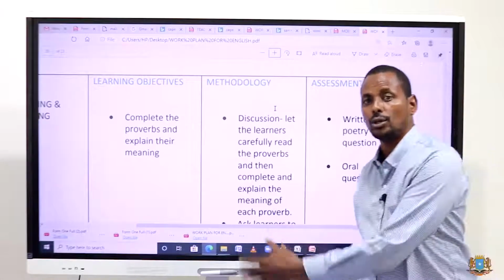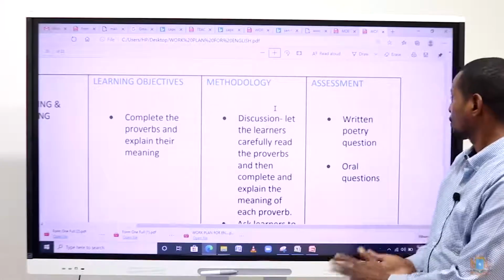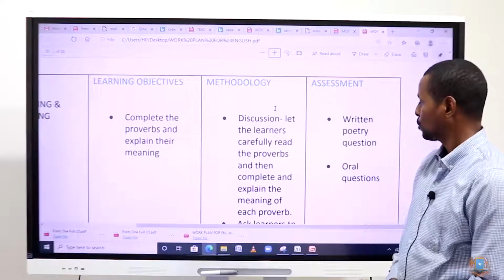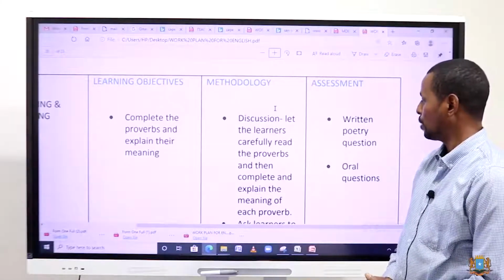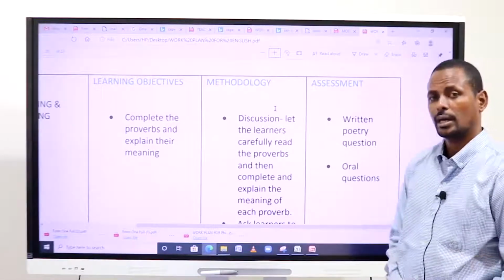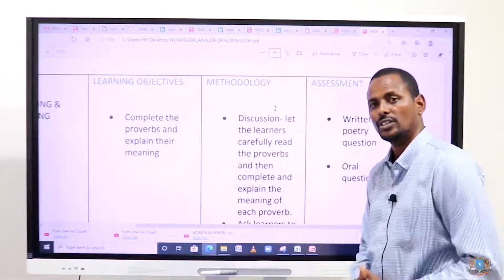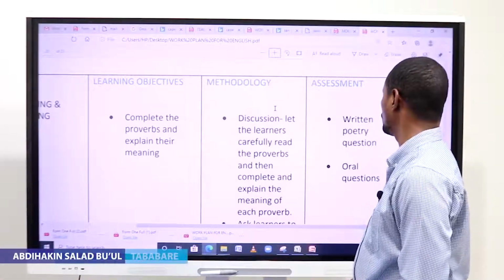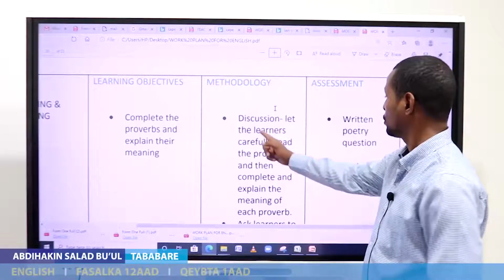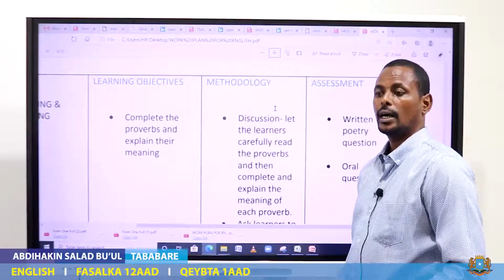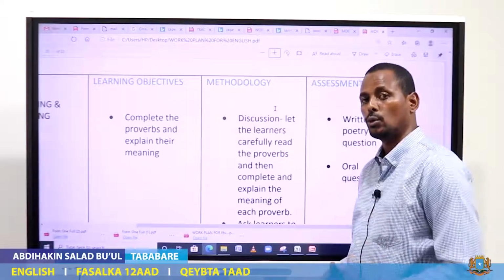We have discussed the methodologies. If I want to know if a student has really understood the poem and answered my question, how am I going to assess? How can I tell that my student has at least understood what I have taught? Give him the questions, the ones I have listed here already, and so many other questions in the book.